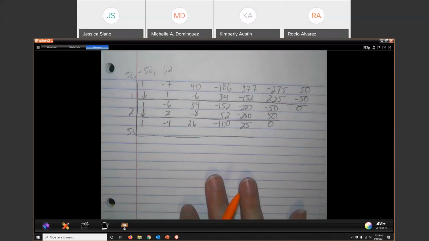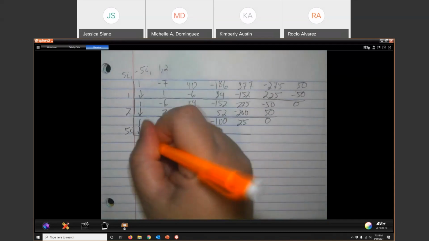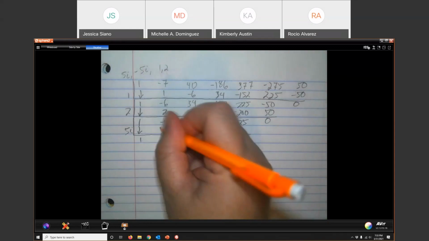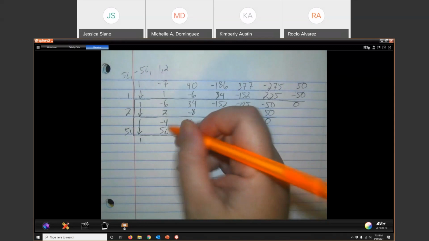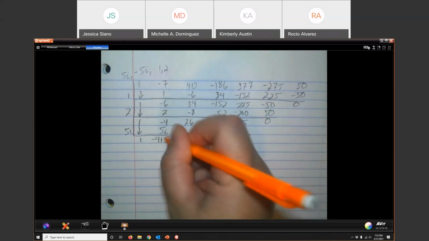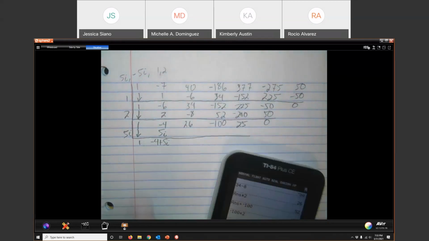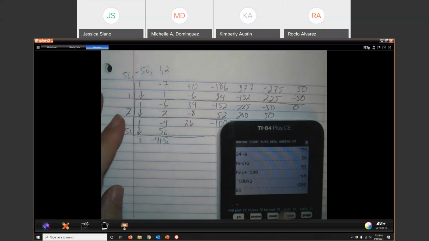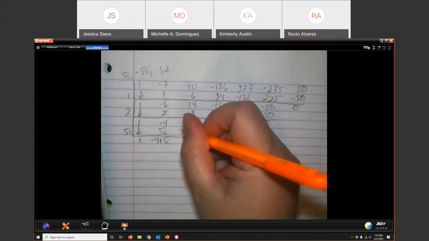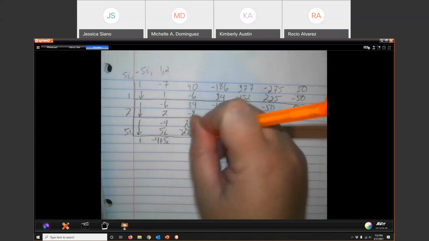Okay. So we're going to bring this down and then multiply 1 times 5i. And then add, but negative 4 plus 5i, I can't combine them, so it's just negative 4 plus 5i. And then multiply 5i times negative 4 plus 5i. Negative 25 minus 20i.